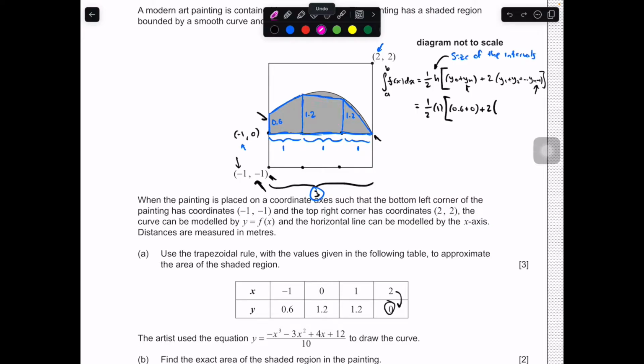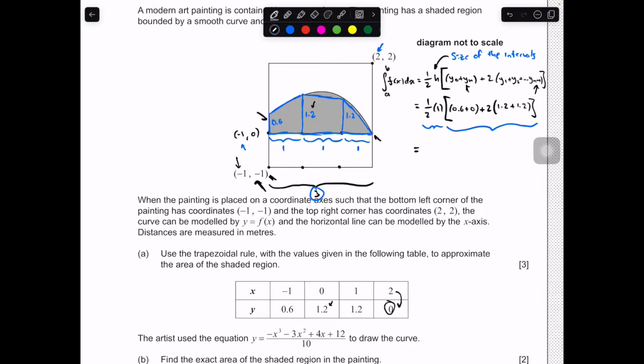So that's why we multiply the inner values by 2. 2 times this inner value of 1.2, plus this other inner value of 1.2. And then we can close our brackets. Remember, when you're working through this, we're multiplying this whole thing by the value out in front, so be mindful of your brackets as you work this out.